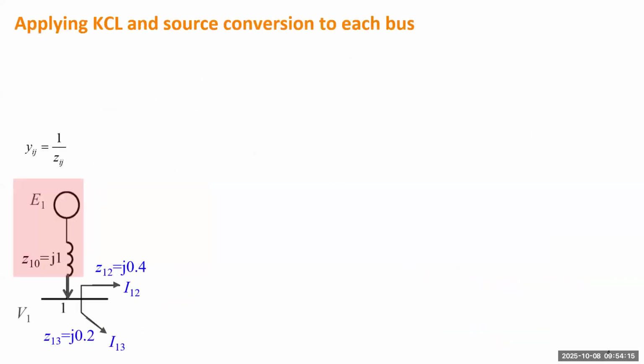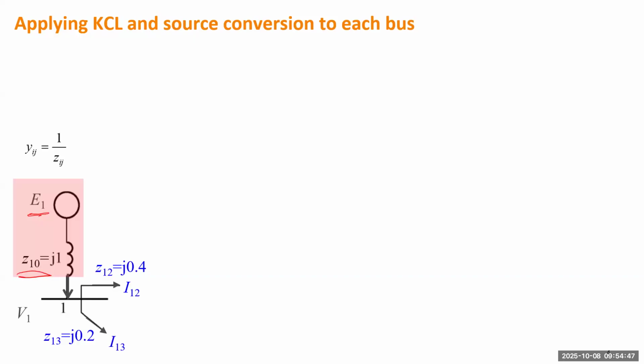All right, let me talk about how we are going to model each bus. Let's just pick bus 1 from that circuit because that's pretty typical. It has a source and 2 branches going to the other 2 buses. For bus 1, we use capital E1 to indicate the internal EMF of that generator.